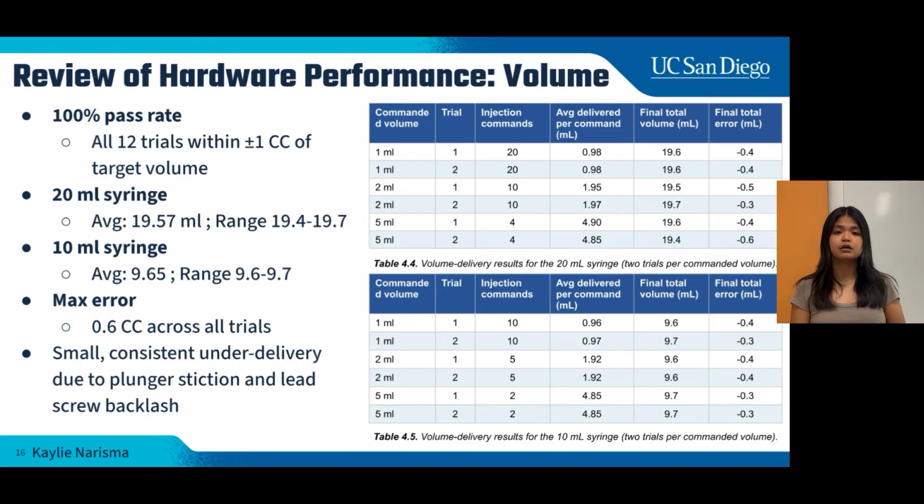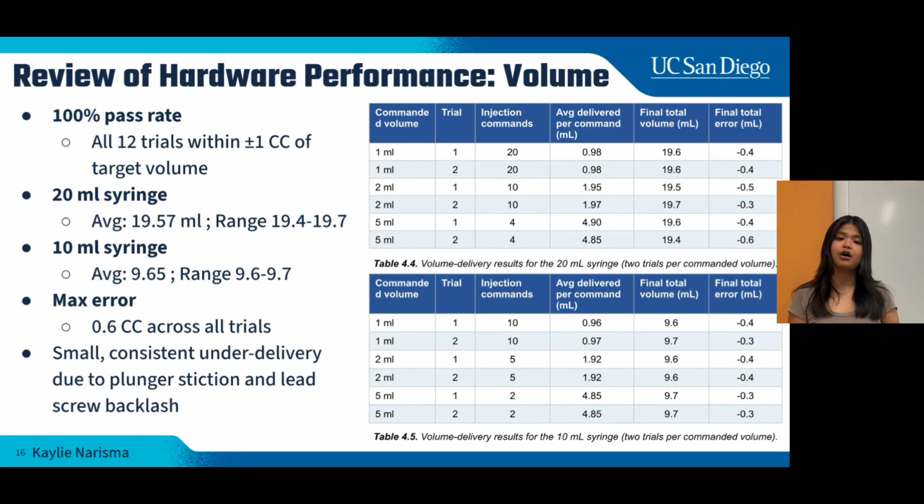Okay, so now for a review of our hardware performance, volume. We had a total of 12 trials, 6 trials for our 20 milliliter and 6 trials for our 10 milliliter, meaning 2 trials each for each respective injection profile: our 1 milliliter, 2 milliliter, and 5 milliliter. As you can see, we have a 100% pass rate, which means that all trials fell within our plus or minus 1 cc tolerance.